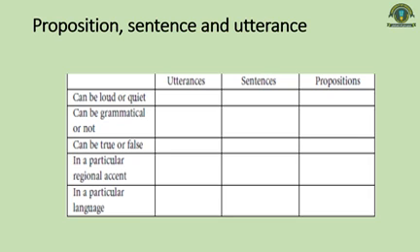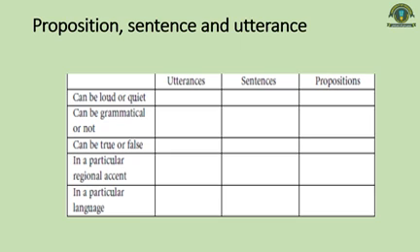We have already discussed so many examples. Students, we can talk about a sentence being in a particular language, and it's also sensible to talk about an utterance being in a particular language. But one cannot talk of a proposition being in a particular language. Now look at this chart.